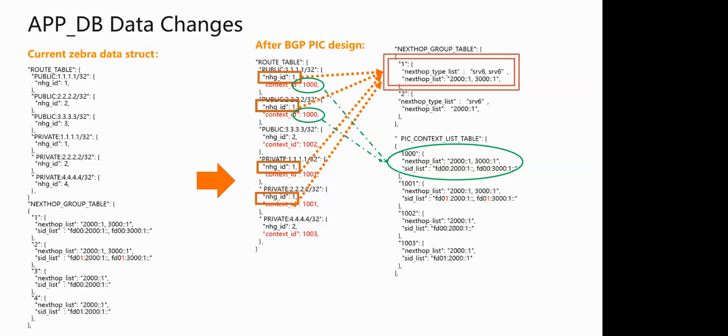According to this entry, it will encapsulate the packets sent to next hop 2000 with FD00 as the SRH, and will encapsulate the packets sent to the next hop 3000 with FD00 3000 as the SRH.